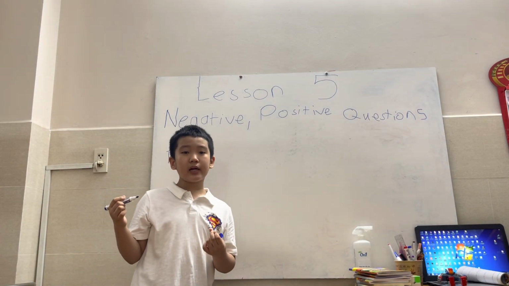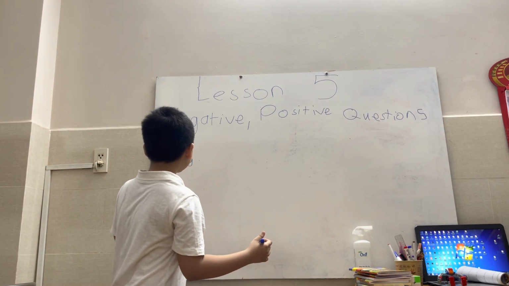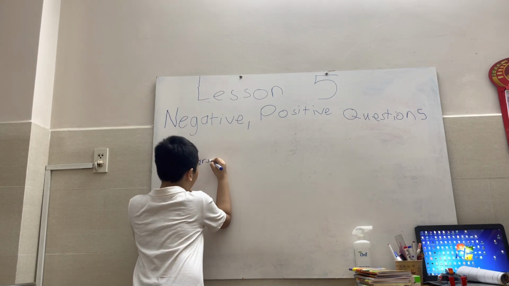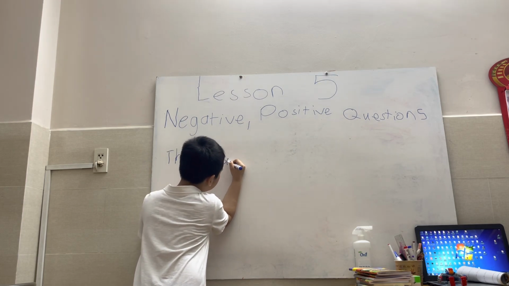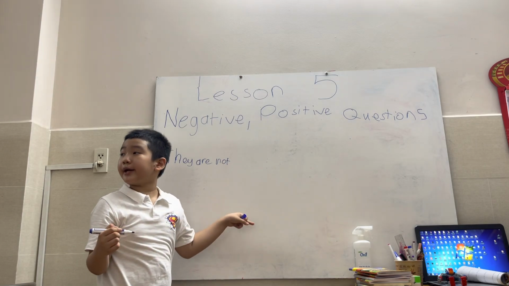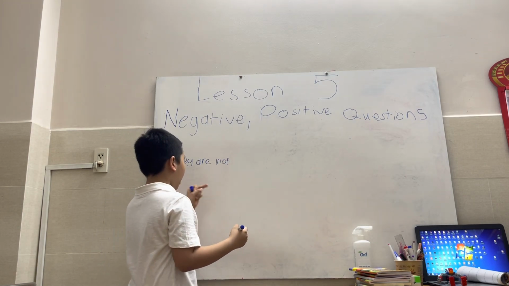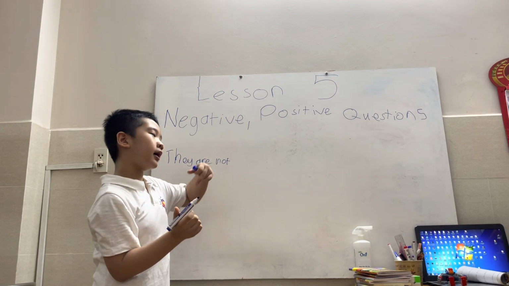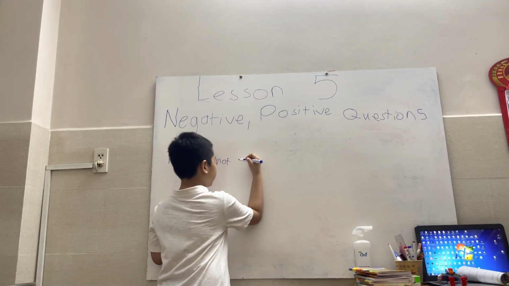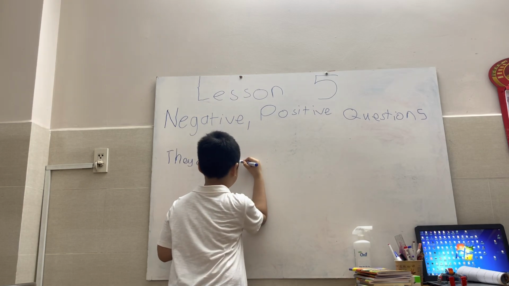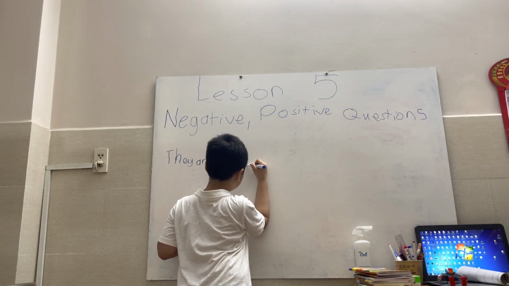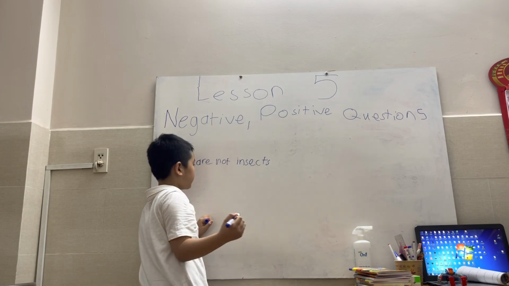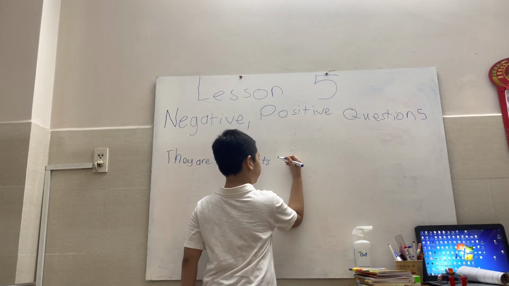Remember, they goes with are, which means they are not. They are not. What do you choose? Write in the comments below. I will choose they are not insects.